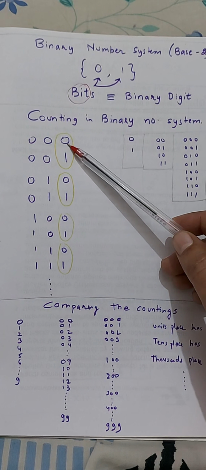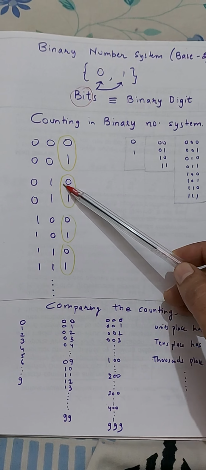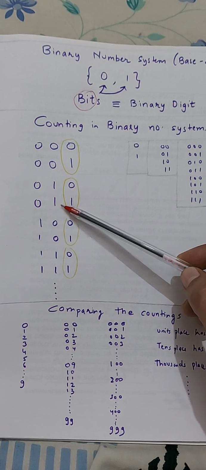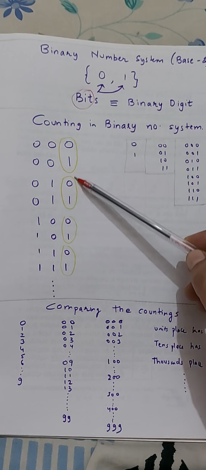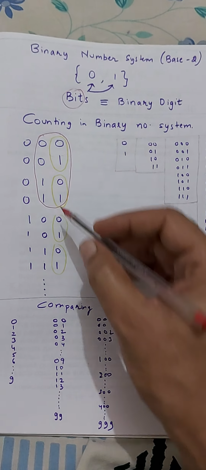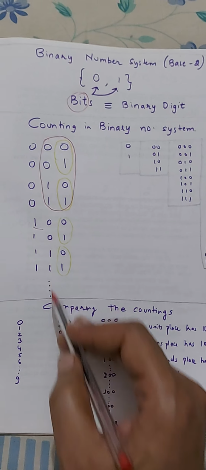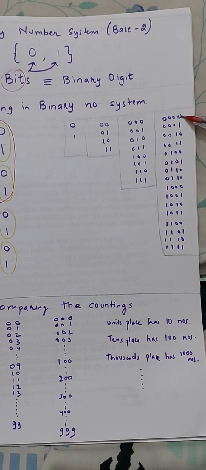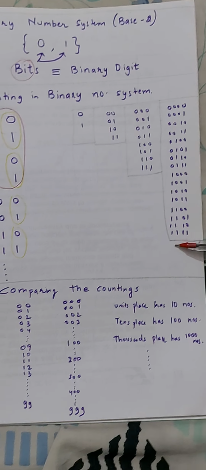When we run out of our numbers, then we increase one more place, and then arrange the numbers in such a way that we can count up. Again when we run out of all combinations using two places, then we increase one more position and then count up. Okay, so this is the way we can increase the places and count to higher numbers.